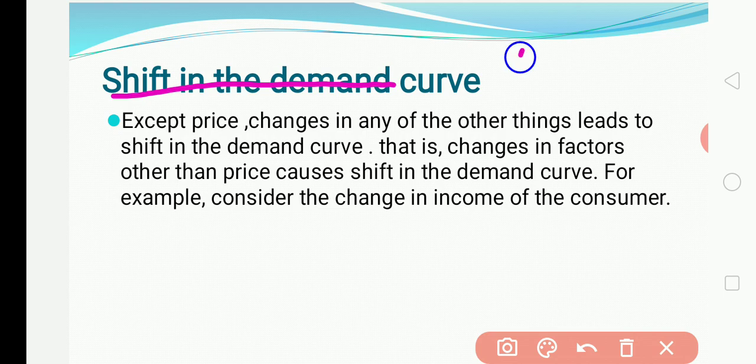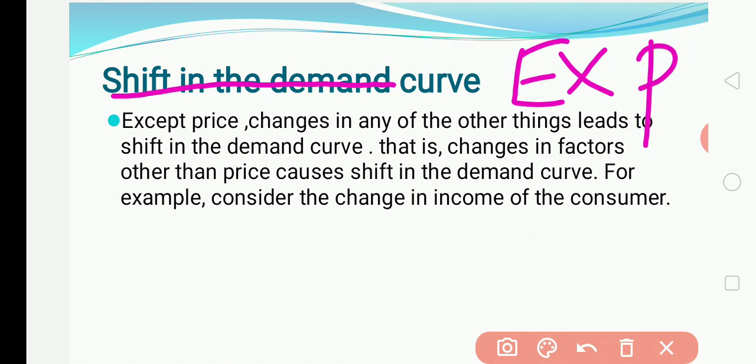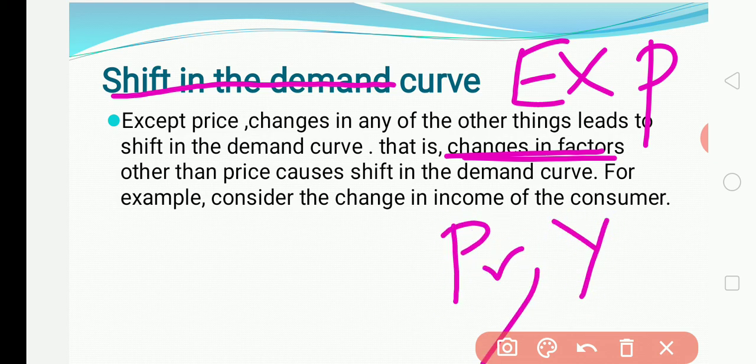Other than, except price, if changes in other factors, what are the other factors? Price of related goods, income of a consumer, taste and preferences.